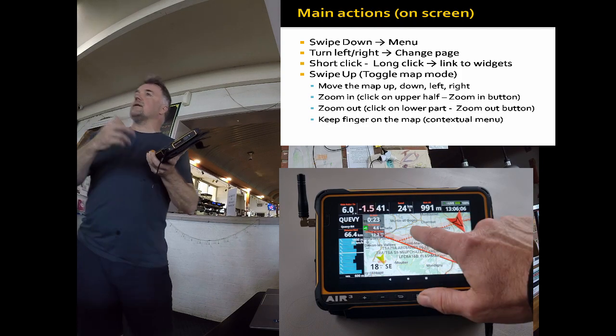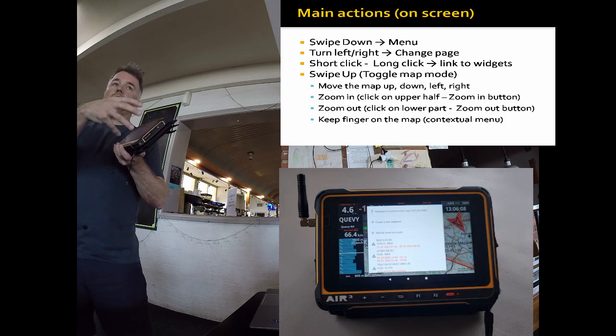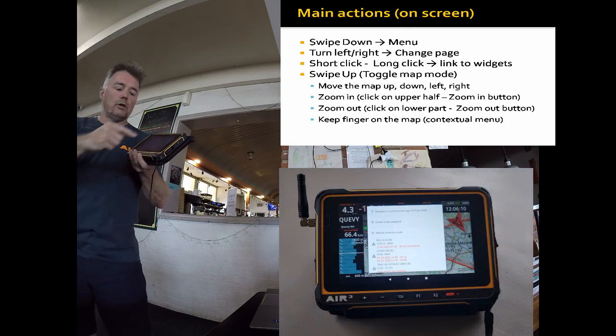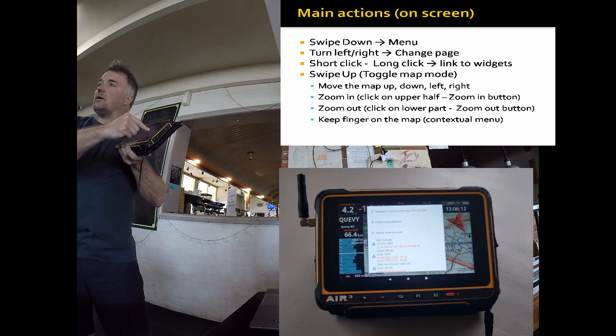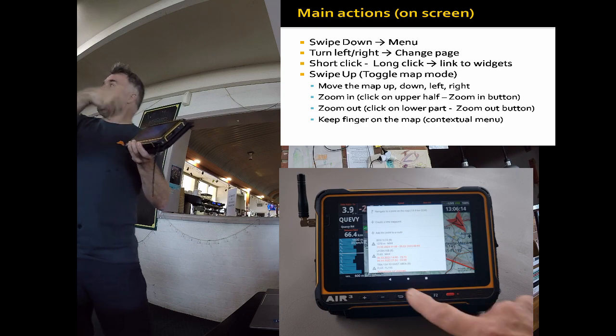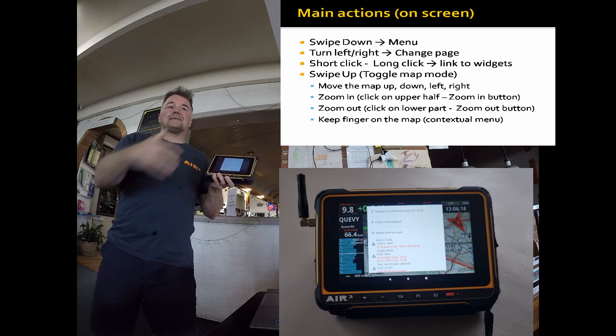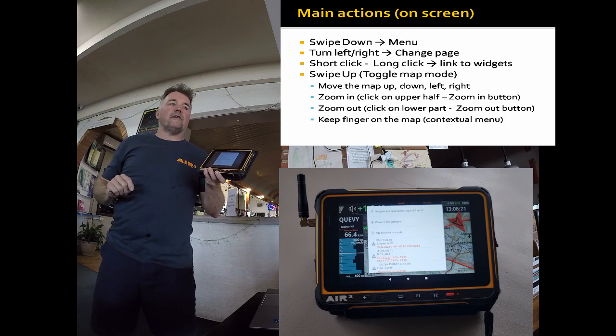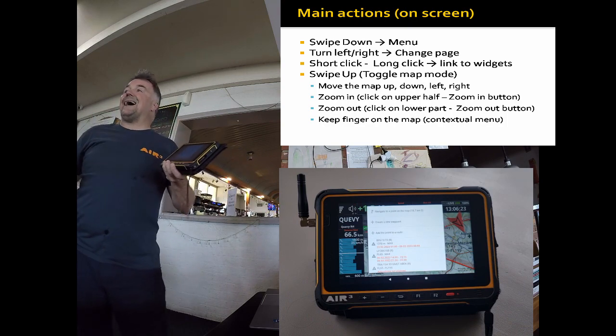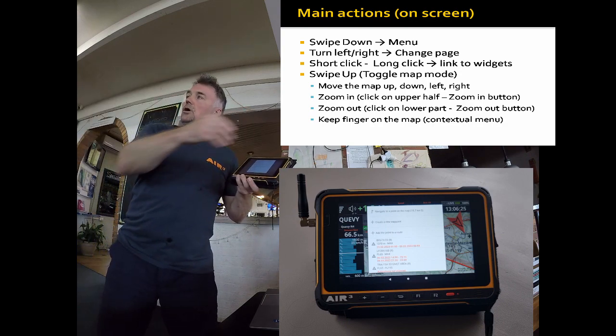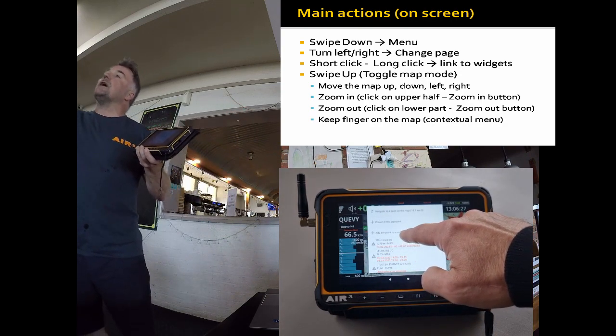Another thing very interesting to know is that when you are in toggle map mode, so I swipe up, I'm in toggle map mode, then I keep my finger for 1 second. And then I have what we usually call a contextual menu. You have different things that you can do where you have put your finger. For example, you can add a waypoint to a route. You can say, I want to navigate to that point.